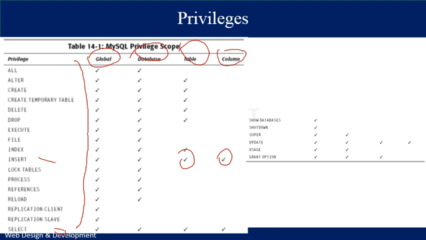Similarly, there are a number of other privileges such as lock tables, and if you have the lock tables access restricted on the databases, you cannot perform lock tables. Similarly, there are further privileges such as show databases, which is accessible to global users, and shutdown, update, usage, etc.